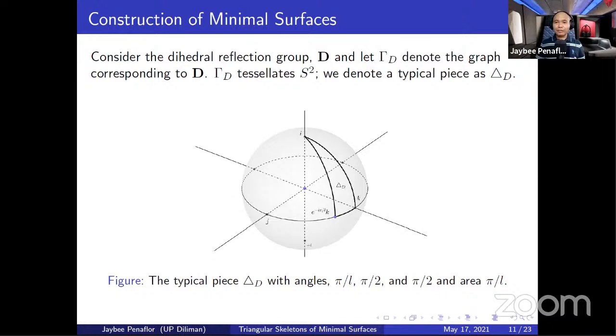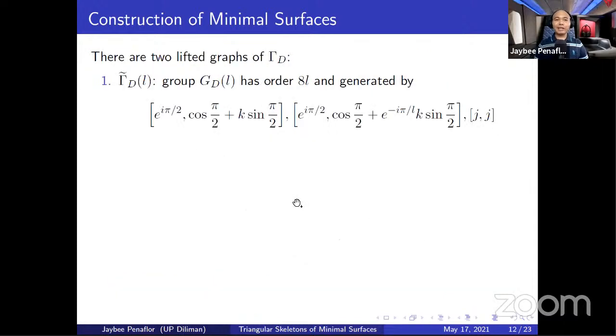So the set of all graphs, when lifted to S^3_2, actually defines two types of graphs. The first is denoted tilde gamma D of L, which depends only on L. It generates a group G sub D of L, having an order of 8L and generated by these three reflections.